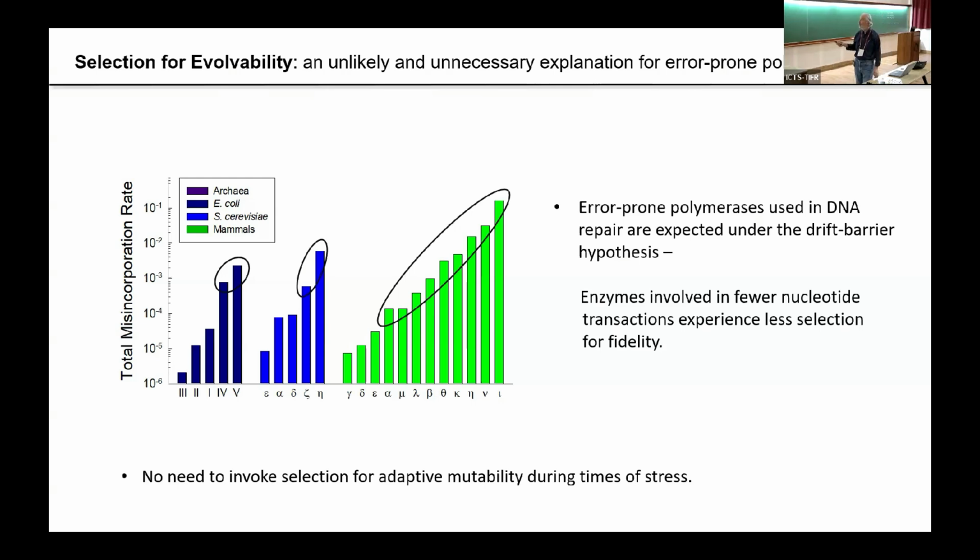Usually these are only going through a handful of bases at a time. So I would argue that selection hasn't encouraged these error rates, but it's hard for selection to keep those error rates down because these polymerases are only used in a very, very minor fraction of nucleotide transactions in the cell. And so there's not that kind of reinforcement that you get for delta and epsilon, which replicate almost the entire genome.